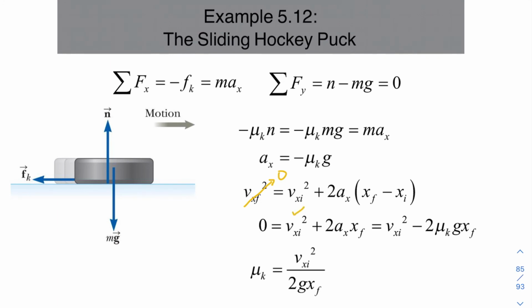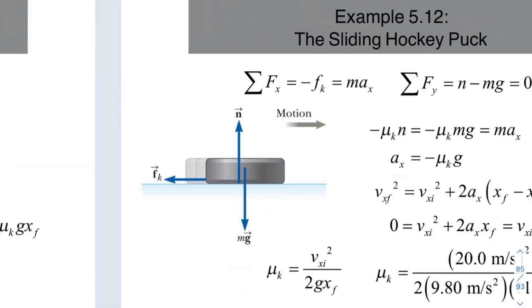We do have this information. And then our a is coming from here. We can put it here. Our x final is 115. Our x initial is 0. So your formula is going to be simplified in terms of this. Now you will simplify this version of the formula to figure out your mu k.